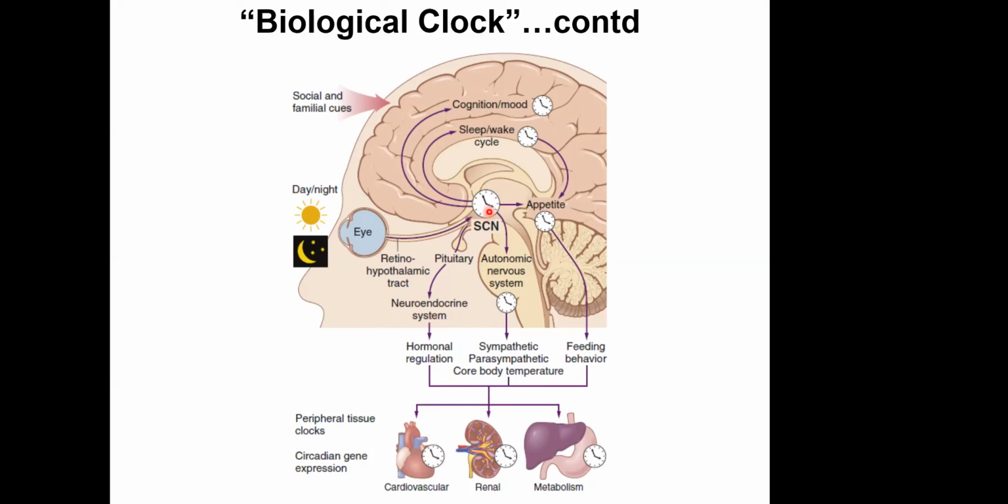So SCN controls CNS clocks, which then influence or regulate the organ clocks.